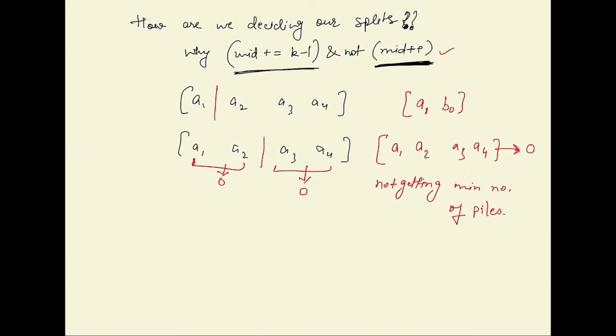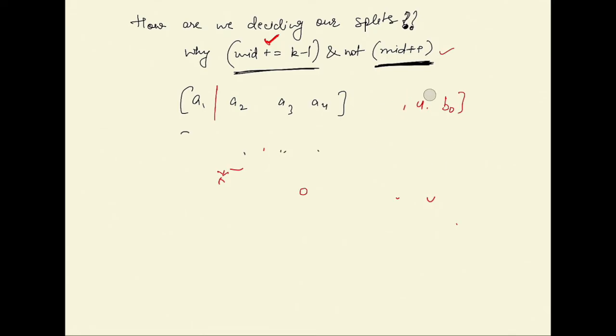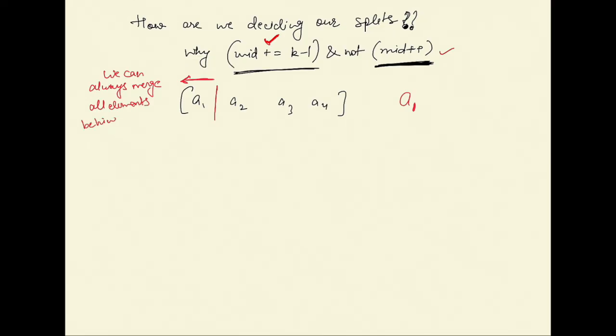So to ensure that we get the minimum number of piles, we increase our mid by k minus 1, and let's see what this ensures. First of all, this ensures that we can always merge all elements behind this bar into one element.